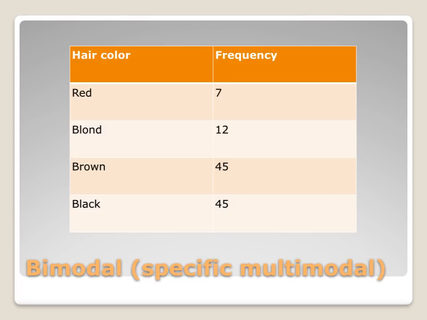Brown and black have equal frequencies of 45 in our data set. So this would generally be a multimodal distribution because there's more than one mode, but more specifically, we call it a bimodal distribution because it has two modes.